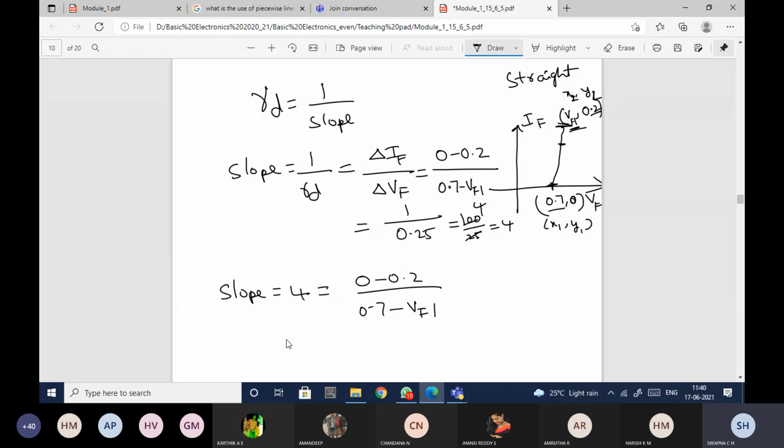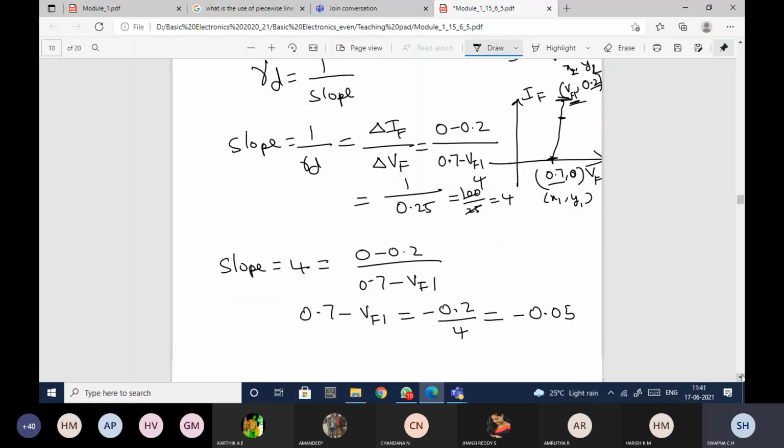I can cross multiply and find it. So 0.7 minus VF1 is equal to minus 0.2 divided by 4. 0.2 divided by 4 is 0.05.